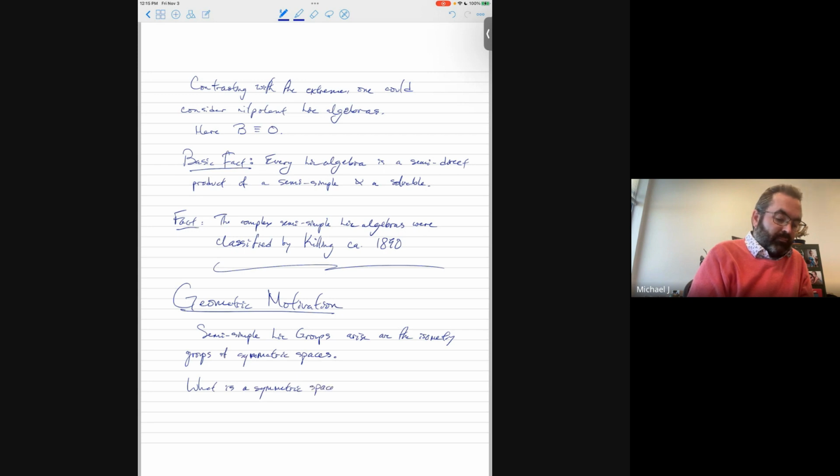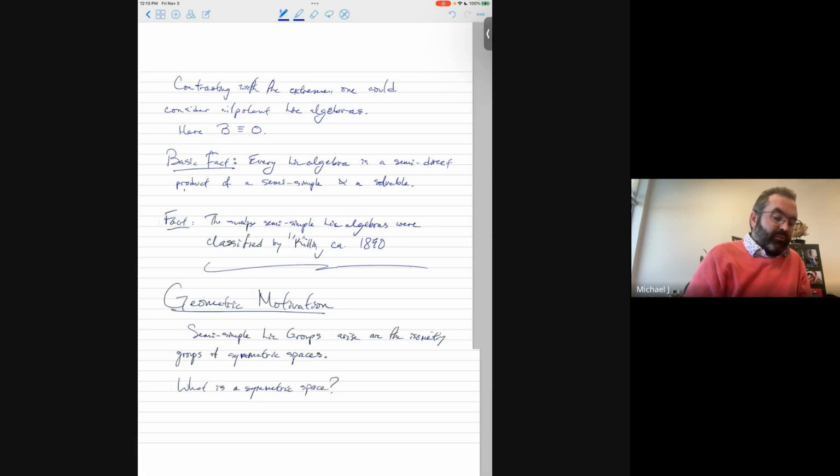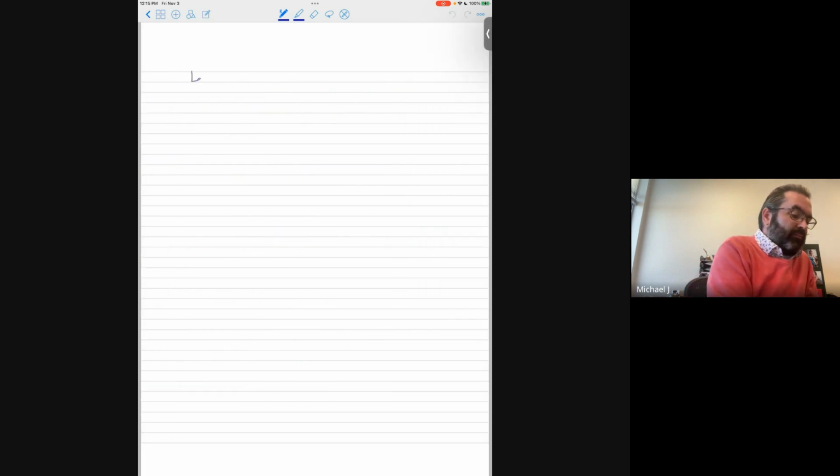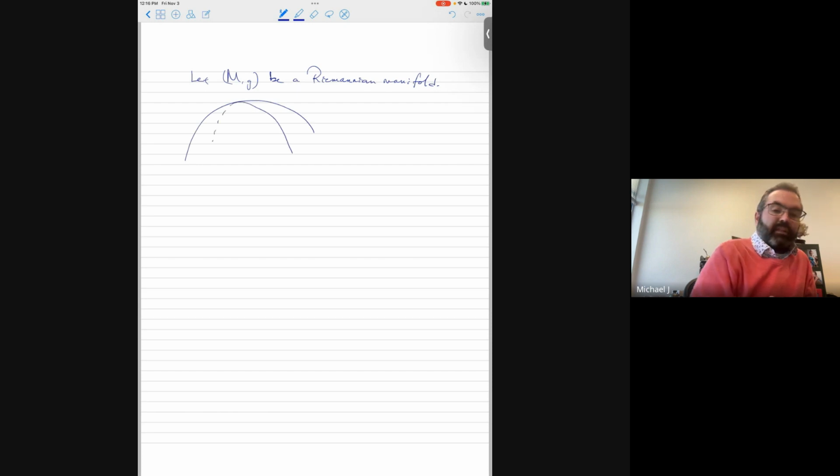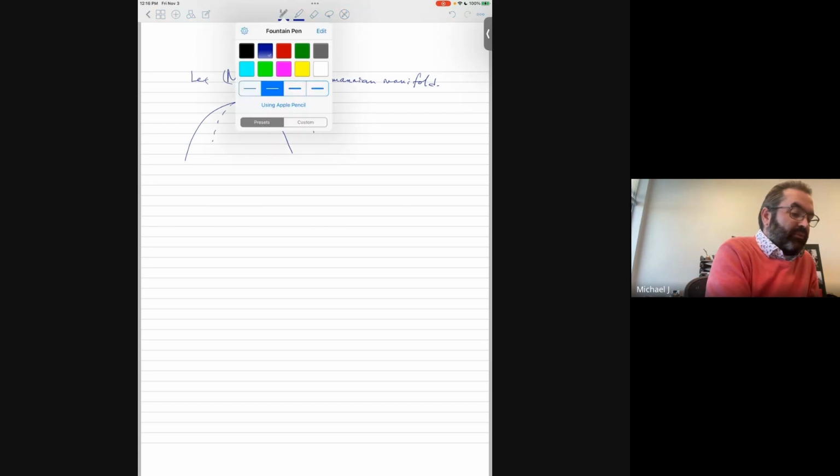Well, so here's what we'll do. We'll let (M, g) be a Riemannian manifold. So I'll do my best sketch of a Riemannian manifold, something like this. And what I want to do is define something called geodesic reflection.